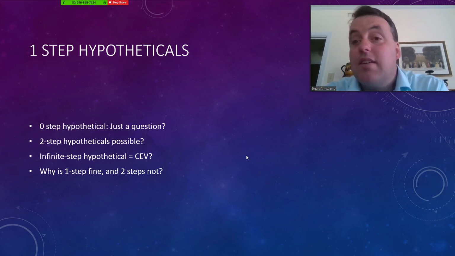Basically it's that. The further you go, the more scope there is for manipulation, or for just creating values out of thin air. If we can deal with that problem, then there's no problem with multiple step hypotheticals.